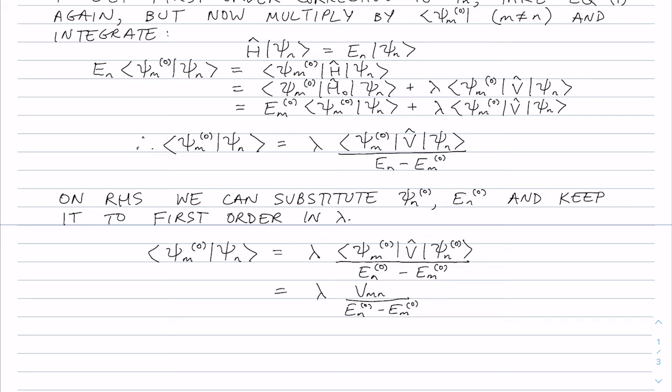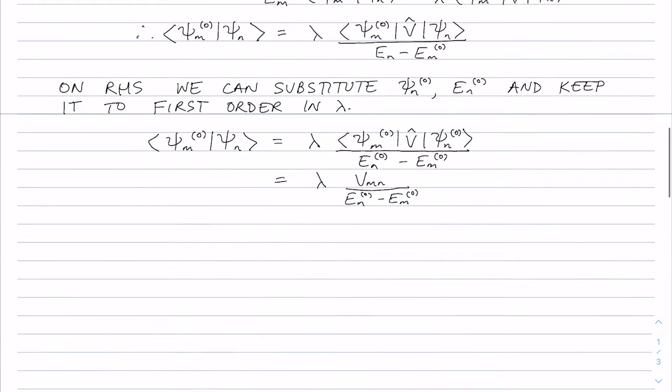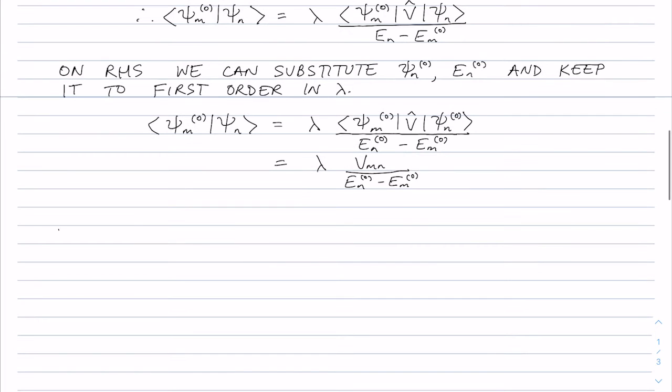Okay, so what does this mean actually? Because on the left hand side we've just got a number, which is the overlap of this psi_m^0 with our exact wave function psi_n, and this is our first order in lambda expansion of that term. So what does it mean? Well, to understand what we're looking at on the left hand side here, we need to do a little bit of work.